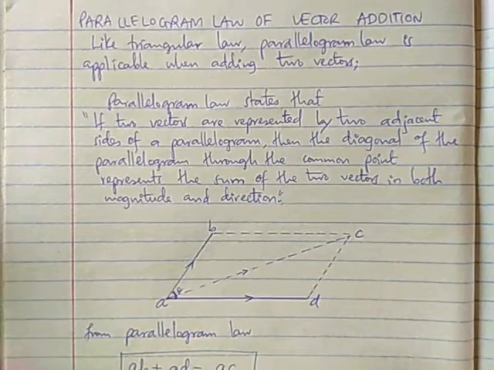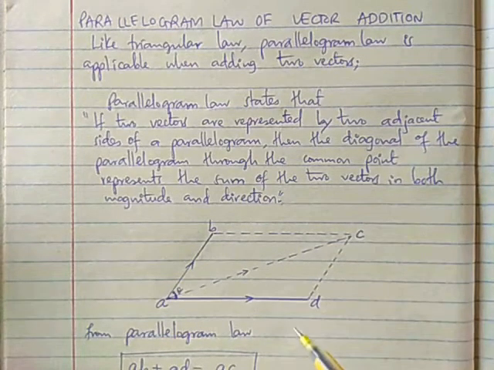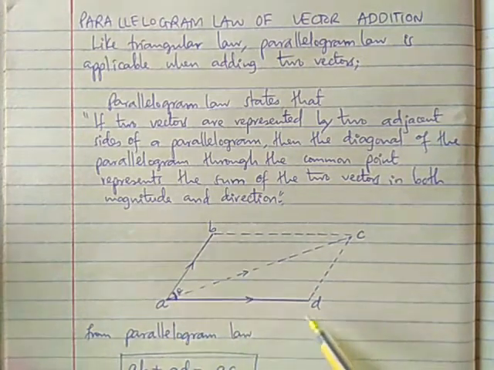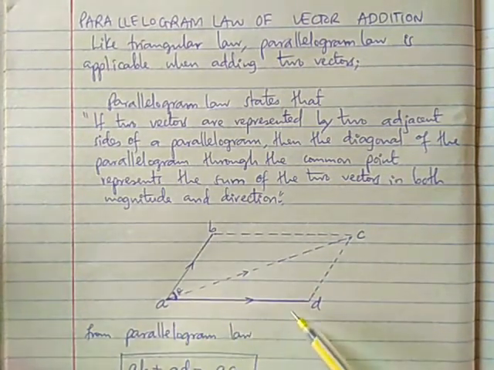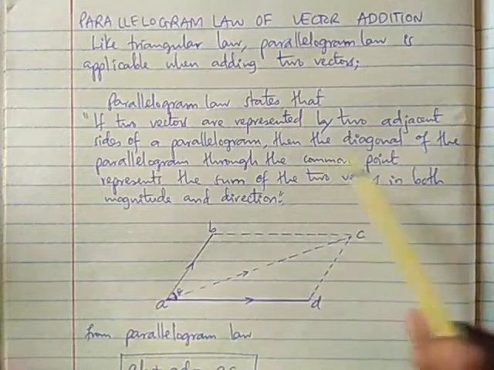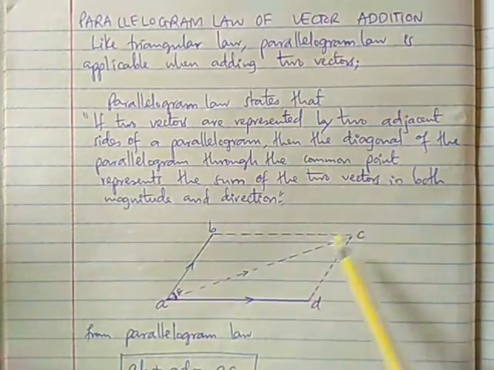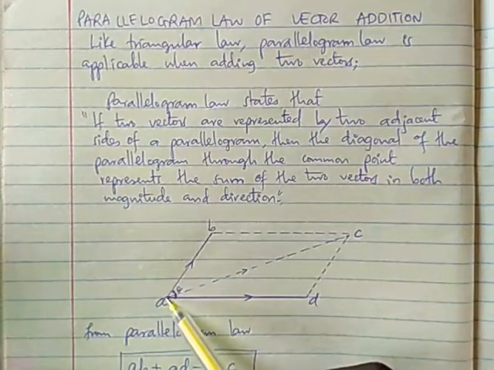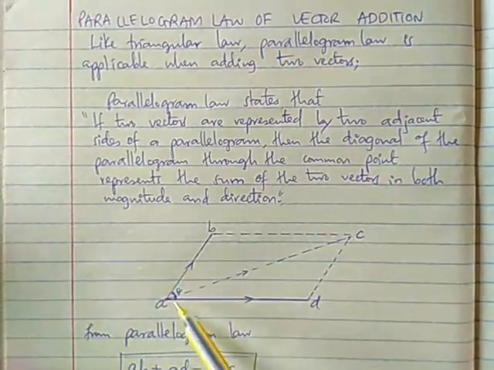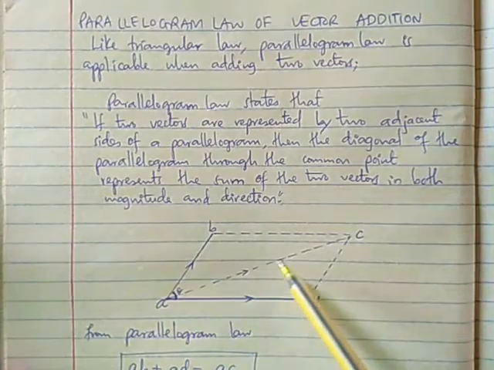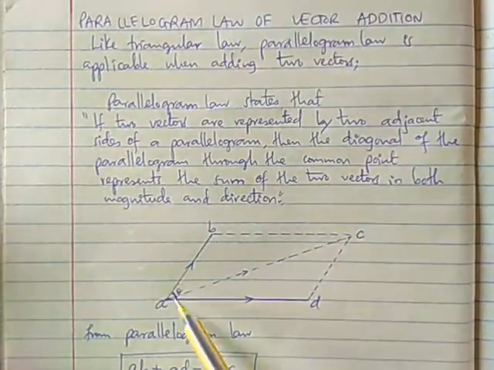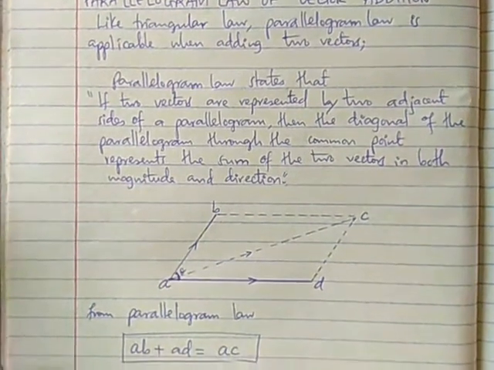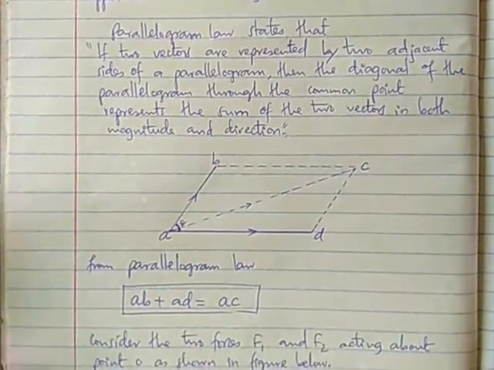So, according to parallelogram law, ni kwamba if two vectors AB pamoja na vector AD are represented by two adjacent sides of the parallelogram, then the diagonal of the parallelogram through the common point, manake ni hapa ambapo vector zetu zimeanzia, this is our diagonal AC, represents the resultant vector in both magnitude and direction.